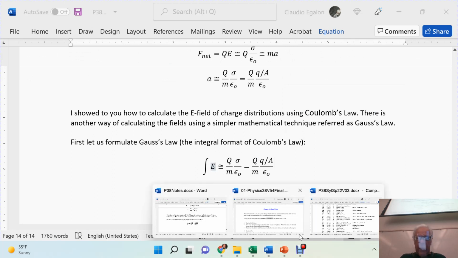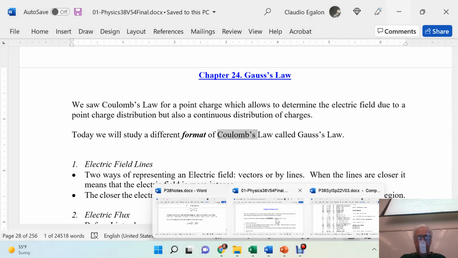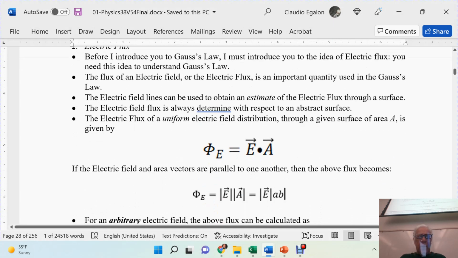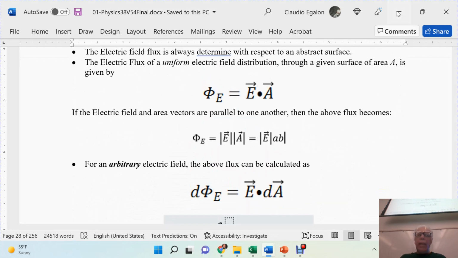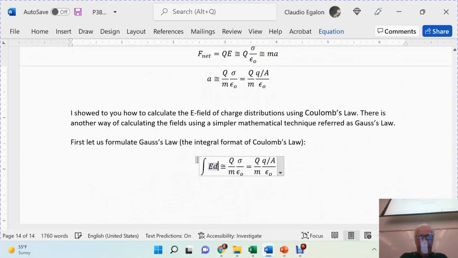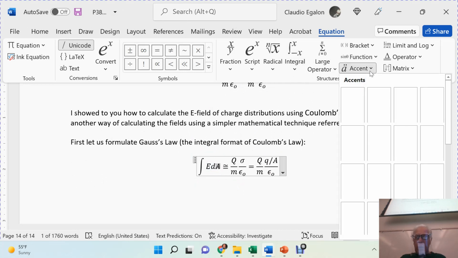I want to stay consistent with my notation. Let's see. Yeah, I use the A as the area, dA. And the A is also a vector. So let's go ahead and put the vector sign there at the top.